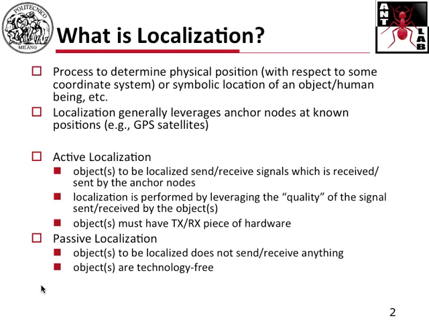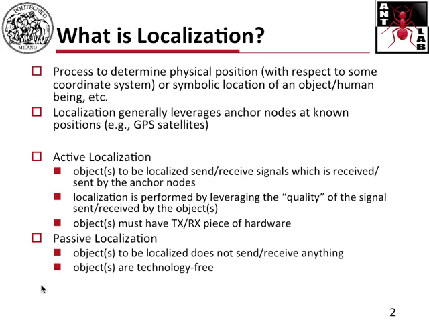The most classical example is localization through GPS. GPS is a localization system based on satellites which play the role of anchor nodes, which are not here on the Earth but are in space. And using the information provided by these satellites, you can localize the position of nodes on Earth.